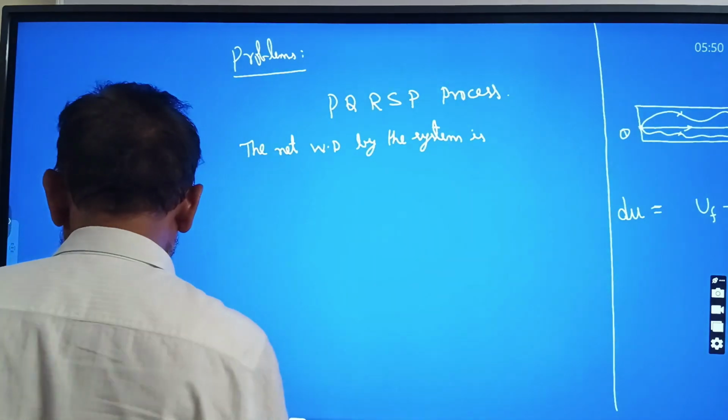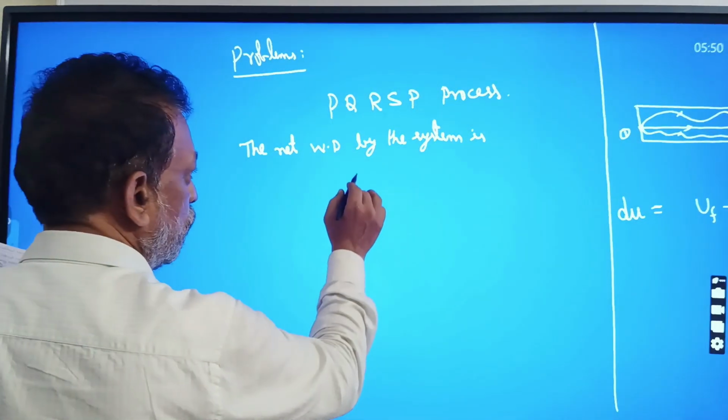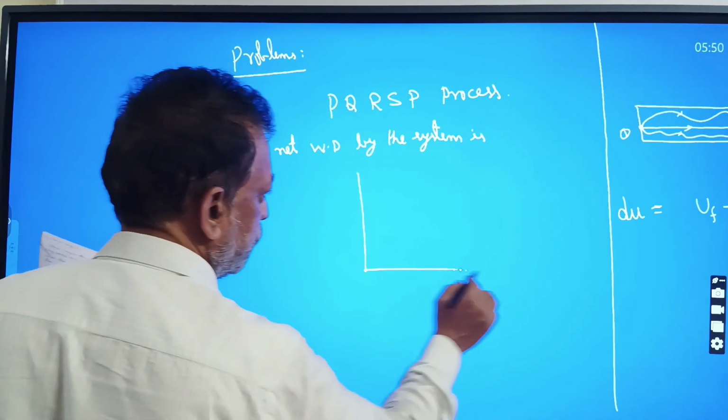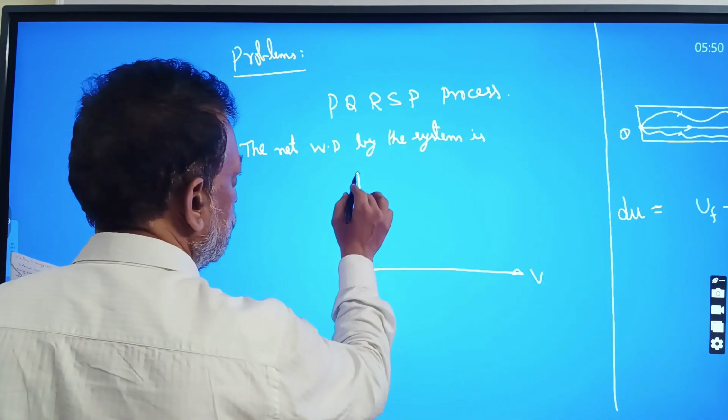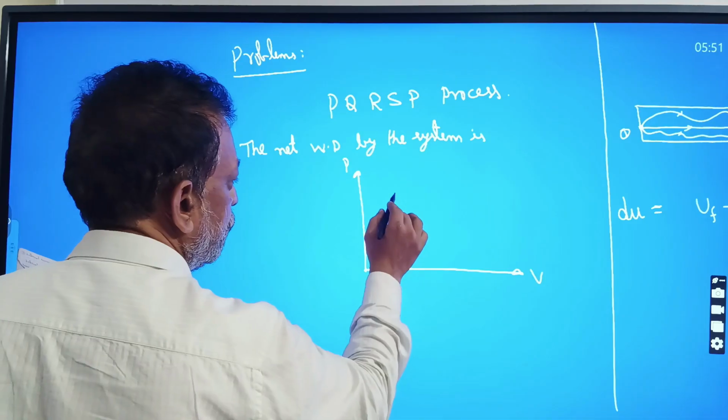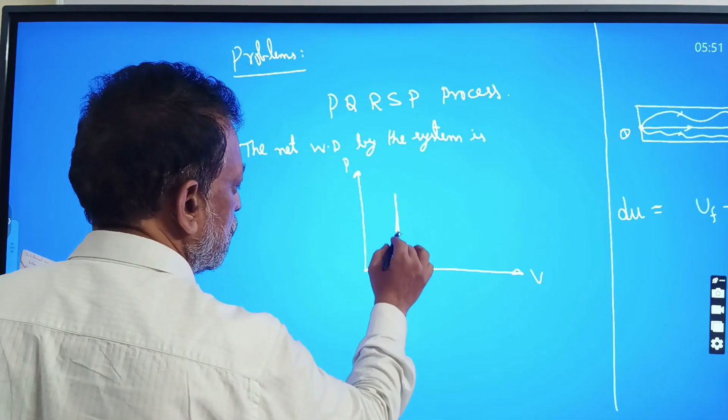The figure is given, with volume on one axis and pressure on the other. They have taken a closed system.